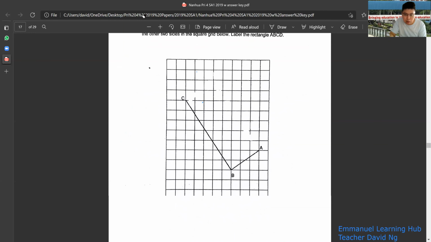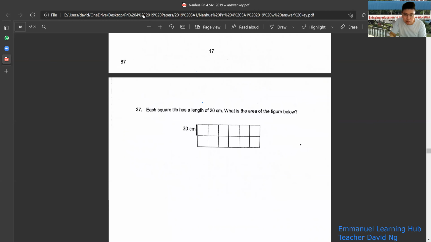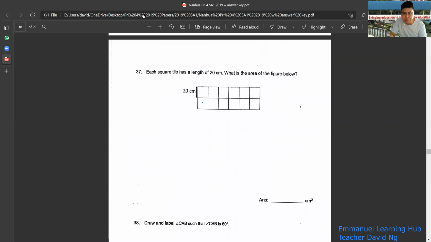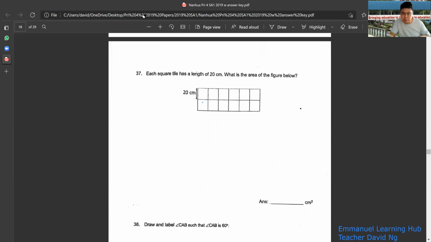Okay, this one. I'll skip this one. This one. 37.